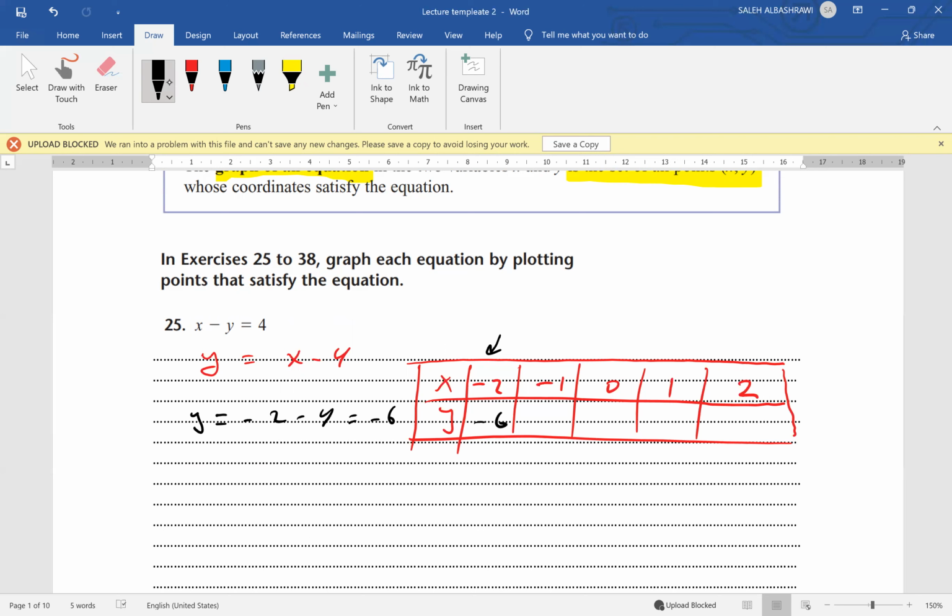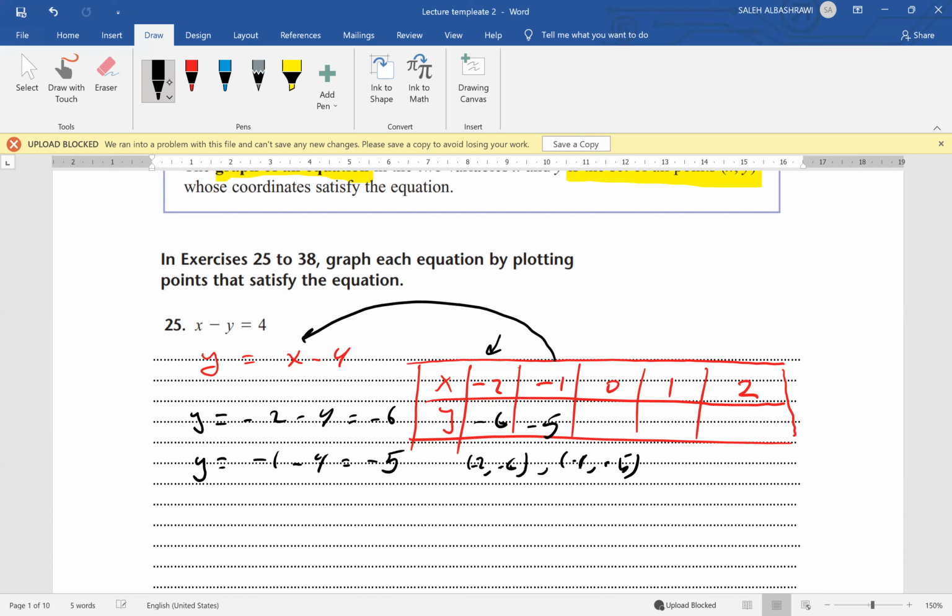For the second one, minus 1, I will have y equal to minus 1 minus 4, that will be minus 5. So the first point is minus 2, minus 6. Second point will be minus 1, minus 5.